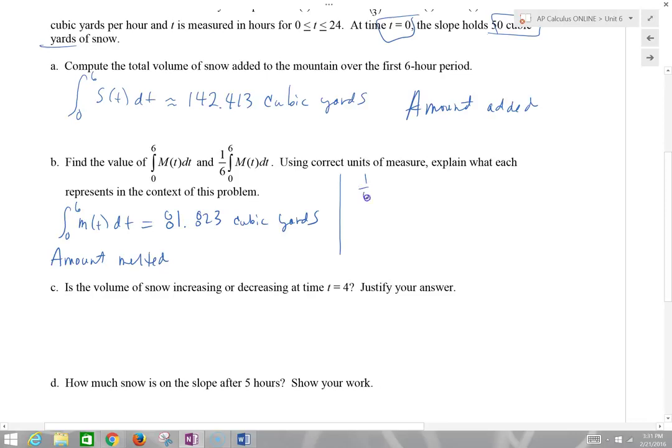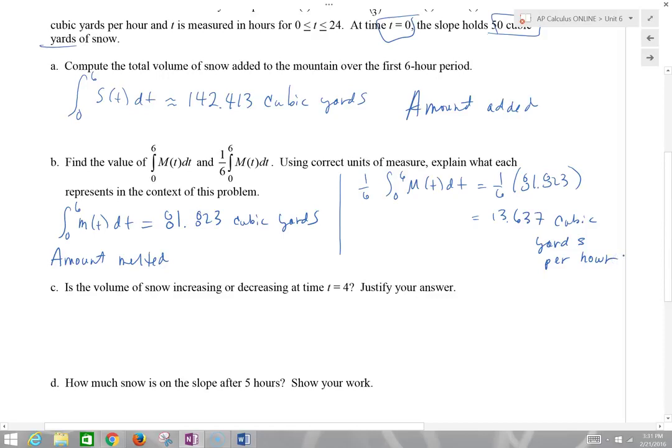Then, if we take 1/6 of that, it's going to be 1/6 of 81.823 cubic yards. We get 13.637, and this is in cubic yards per hour.